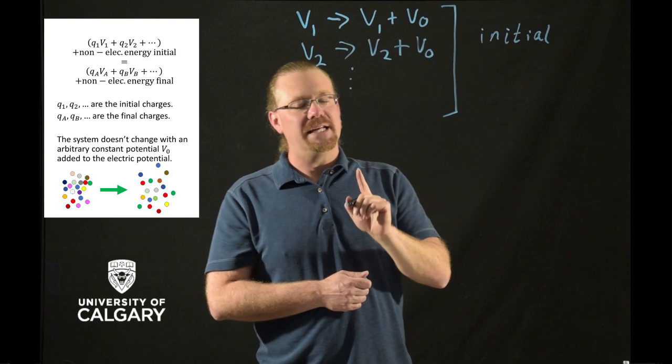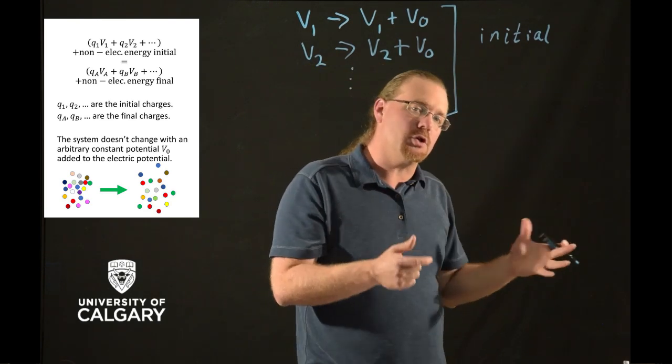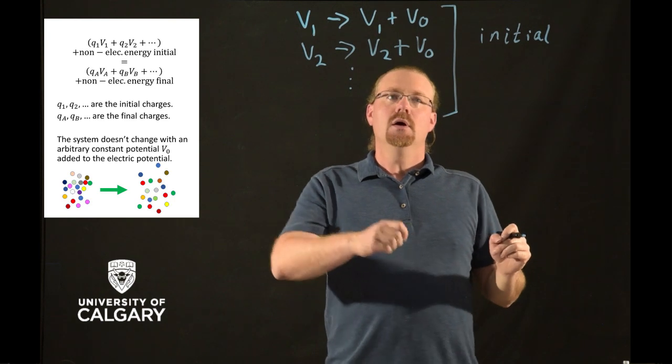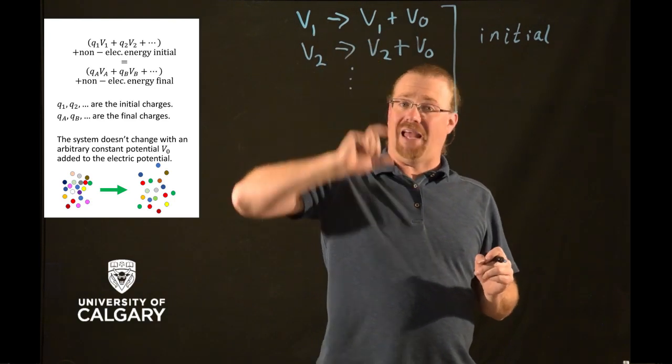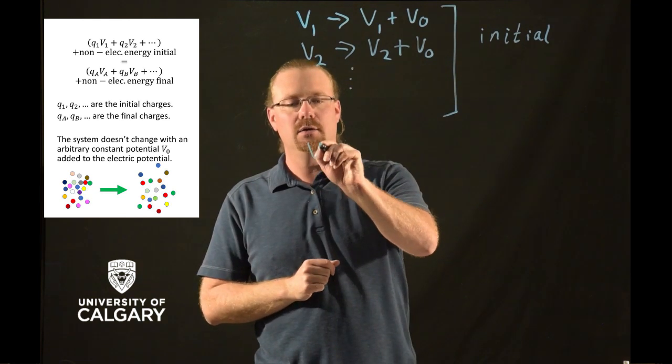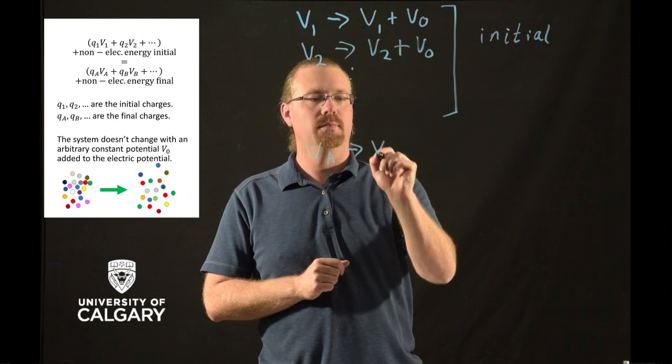Because we're making this gauge transformation, because we're changing the symmetry, we're making a different choice about our electric potential, we're going to wind up having to add the same V0 to our potentials after the fact. So VA also transforms in exactly the same way.